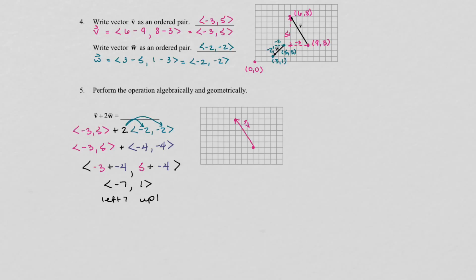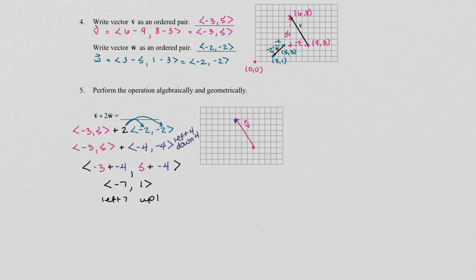And then when we add, what we do is we draw the second vector that is stated in the problem with its initial point at the end of our first vector. And so for vector w, that means my initial point is there at the end of vector v. Now, because I have multiplied by 2, instead of going left 2 and down 2, like we would have done in example 4, we go left 4 and down 4.